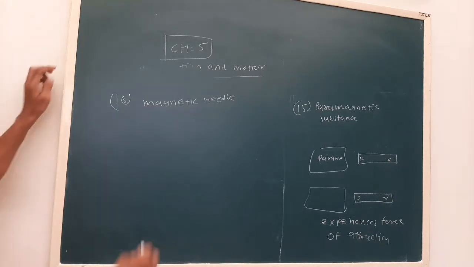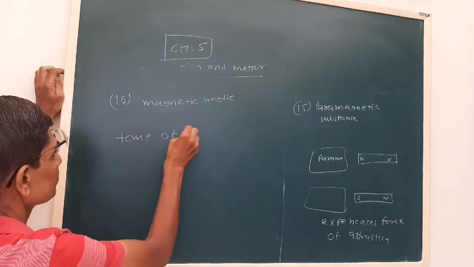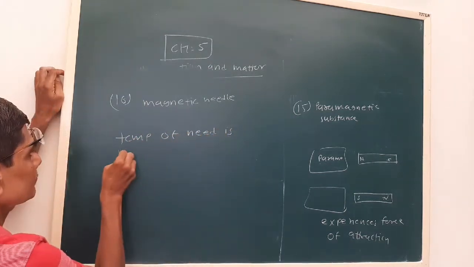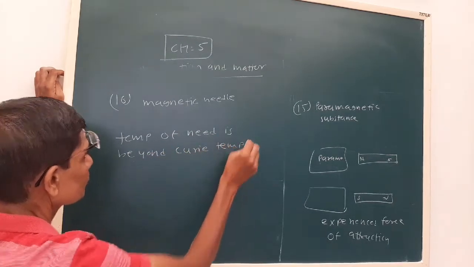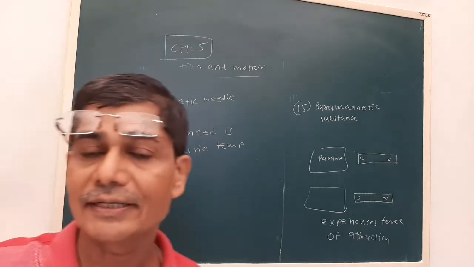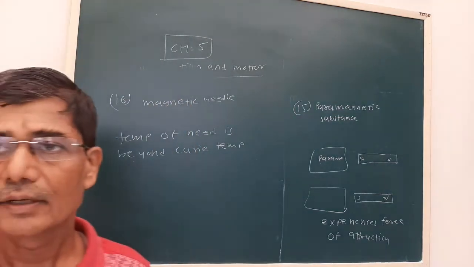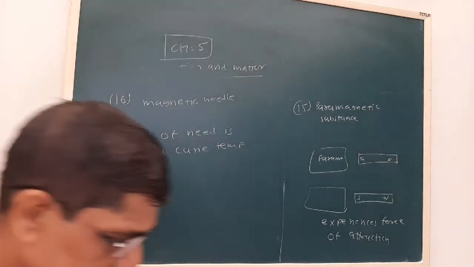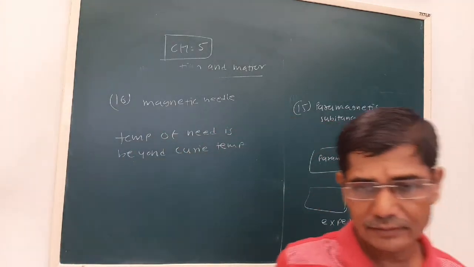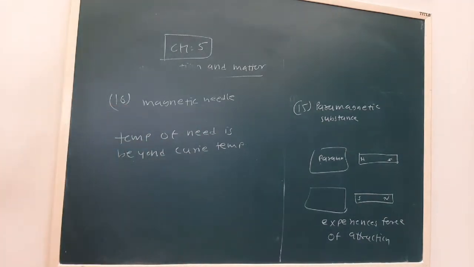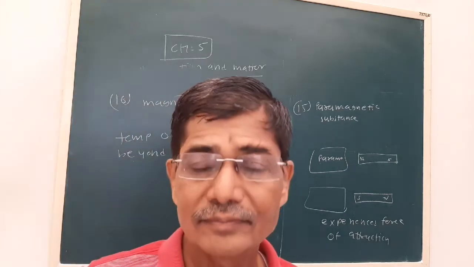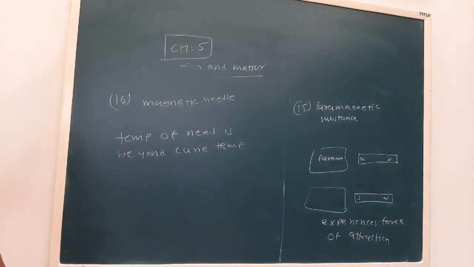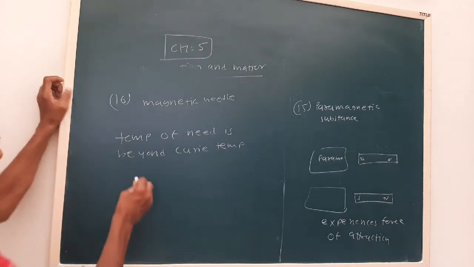If the temperature of the needle is kept beyond the Curie temperature, we have studied earlier that ferromagnetic substances, and generally the magnetic needle and such substances are ferromagnetic, when the temperature increases beyond the Curie temperature, lose their magnetism.